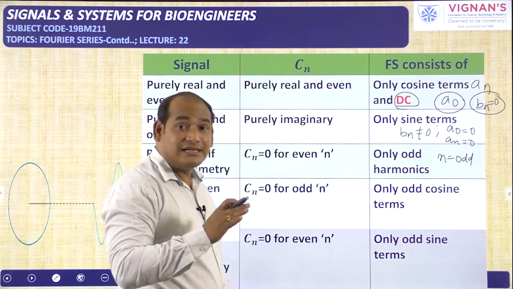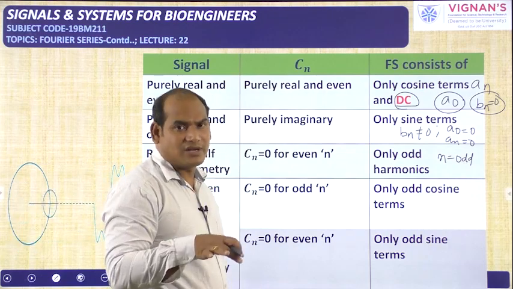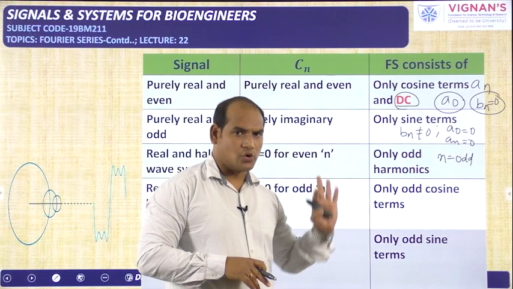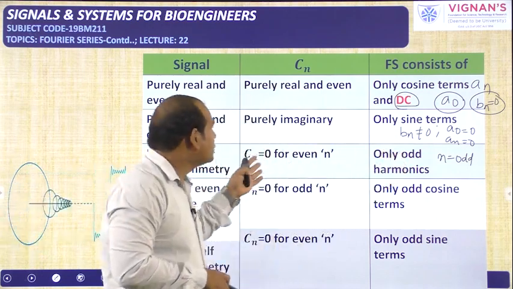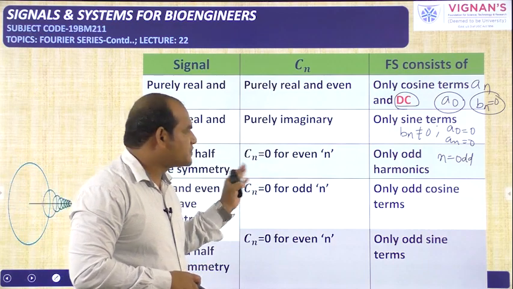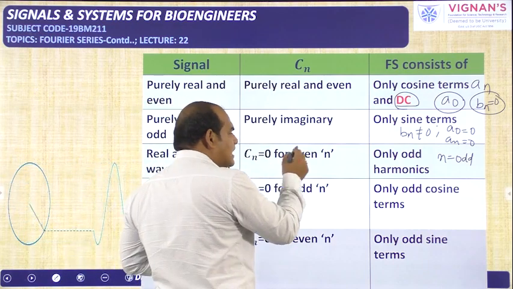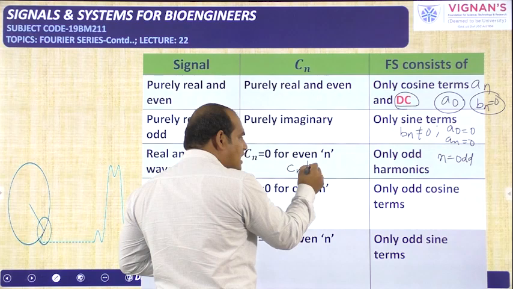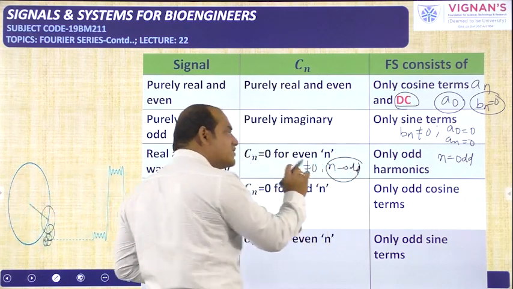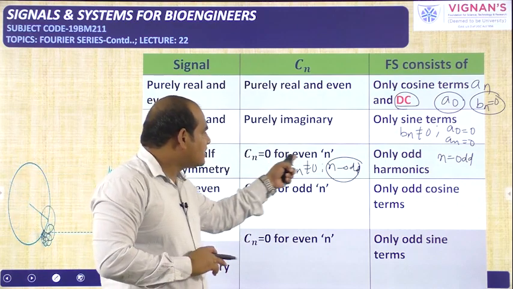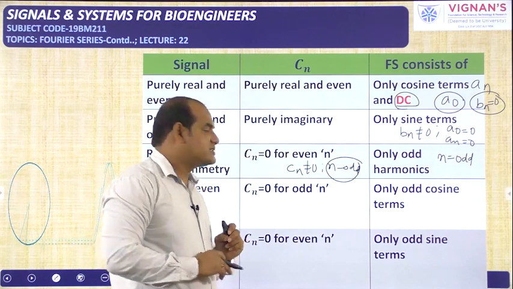The DC may or may not be available, but generally we take A0 equal to 0. This is about trigonometric Fourier series coefficients. For the exponential Fourier series coefficient, the same thing: Cn will be available for n odd. So for odd harmonics only the coefficients exist, and for even harmonics the coefficient is 0.